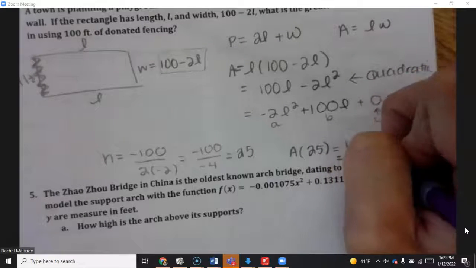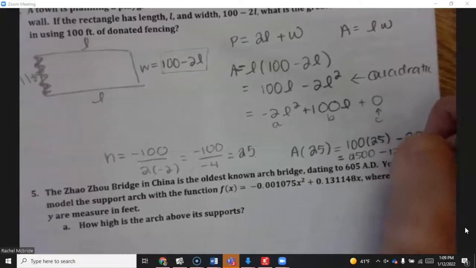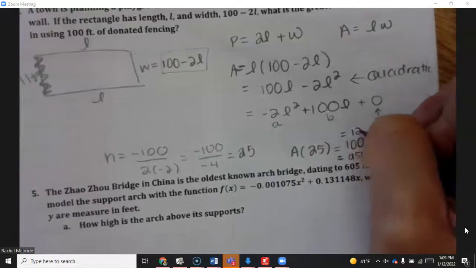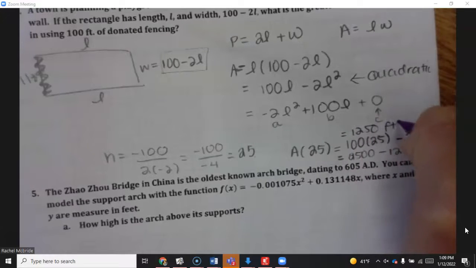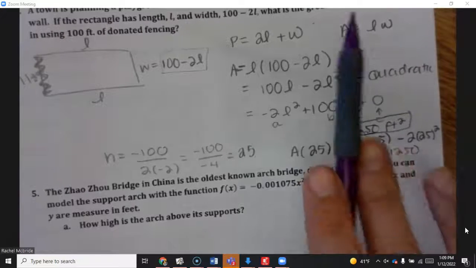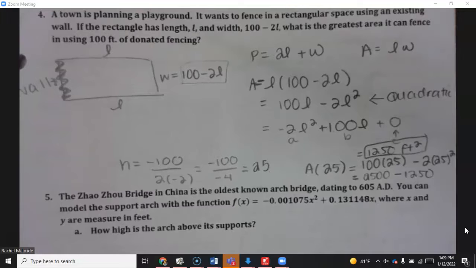So I have 2,500 minus 625 times 2, which is 1,250. So 2,500 minus 1,250 means that the max area is 1,250 feet. So it says, what is the greatest area it can fence? The greatest area is 1,250 feet.